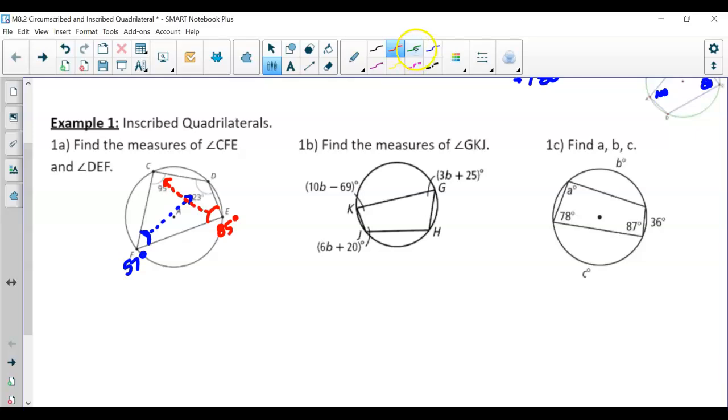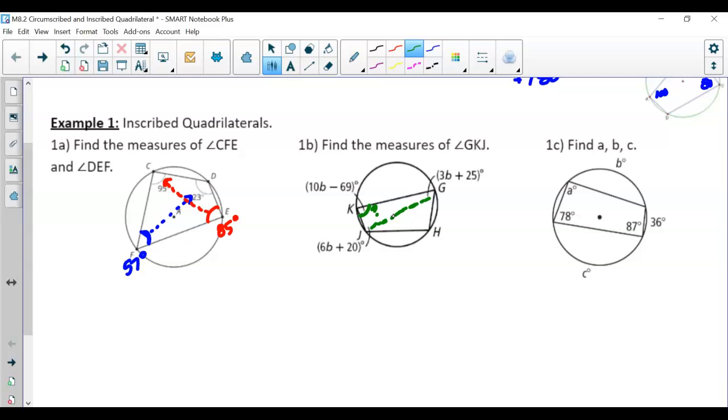So keeping that concept in mind, if you're given variables, and I'm looking for angle GKJ, in the end, we're looking for this angle here. Well, we have to know what B is. I can't really do anything with the opposites there, but we can use angles G and J because these two angles are opposite and add up to 180.